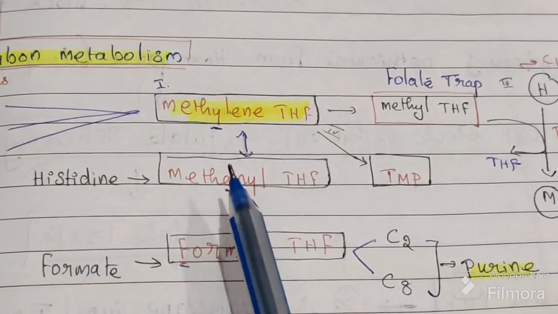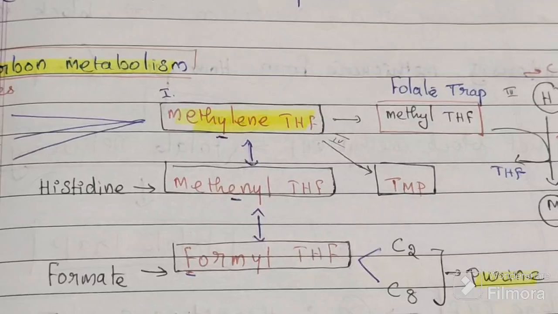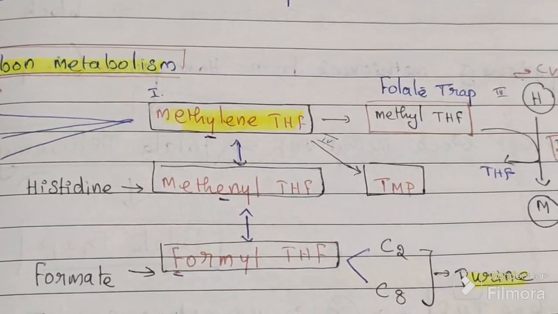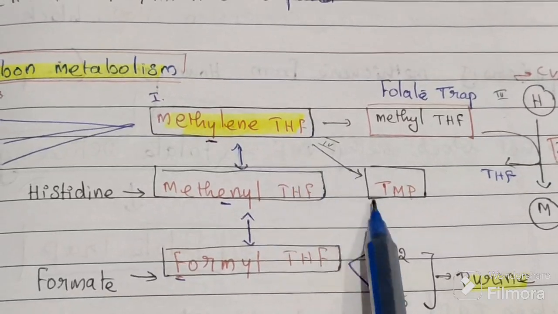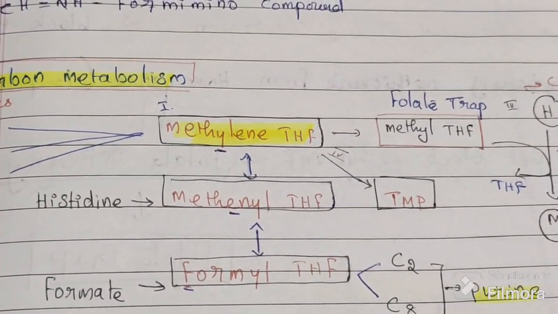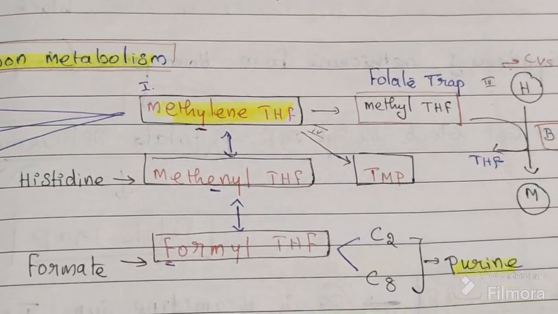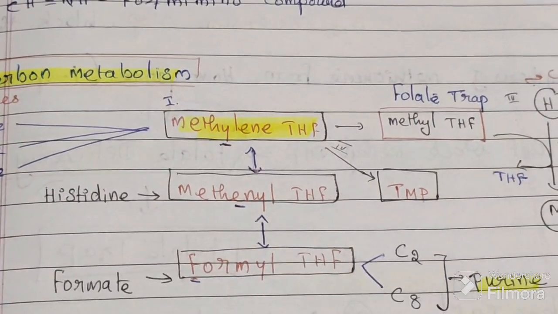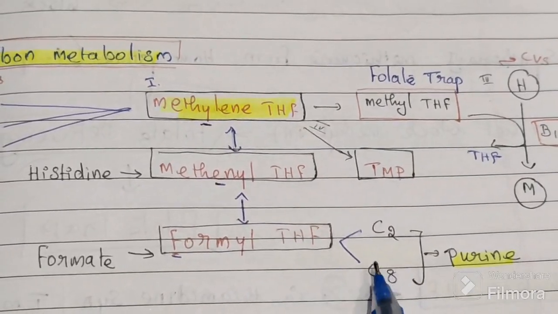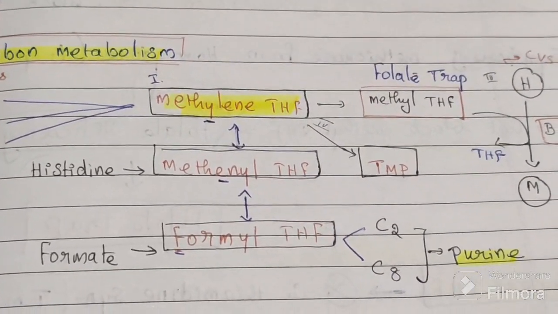Now this methylene tetrahydrofolate is important for thymidine synthesis. Formyl tetrahydrofolate is an important source for C2 and C8 of the purine ring.